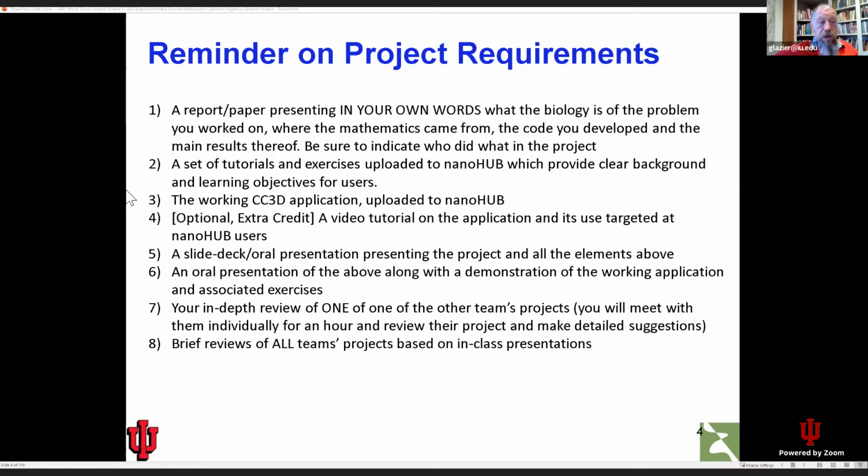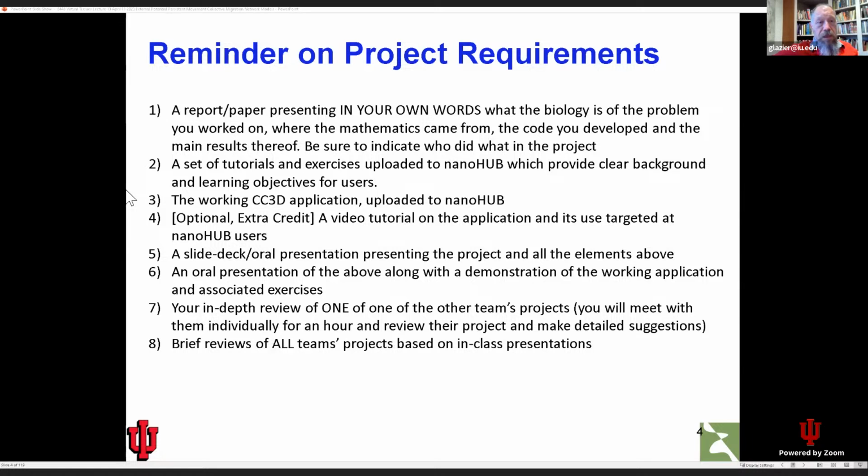So the short reviews you'll write up during the class presentations. The in-depth reviews you'll meet as teams with each other, review the materials, and write up a more detailed critique to help the team you're reviewing improve their models and their representation.